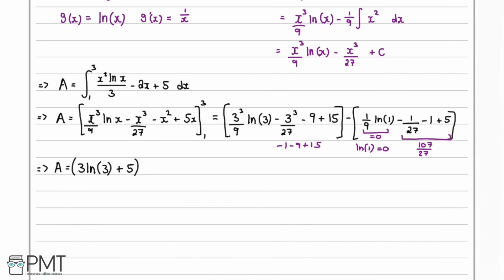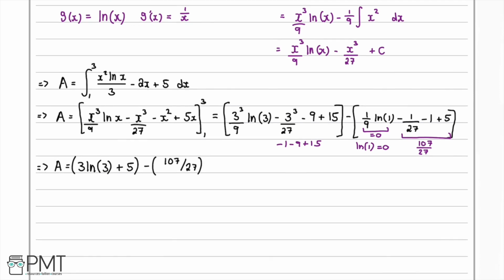So this then means copying that down here, we'll then subtract 107 over 27. So this then means we'll have that the area of S is going to be equal to 3 ln of 3 plus 28 over 27.